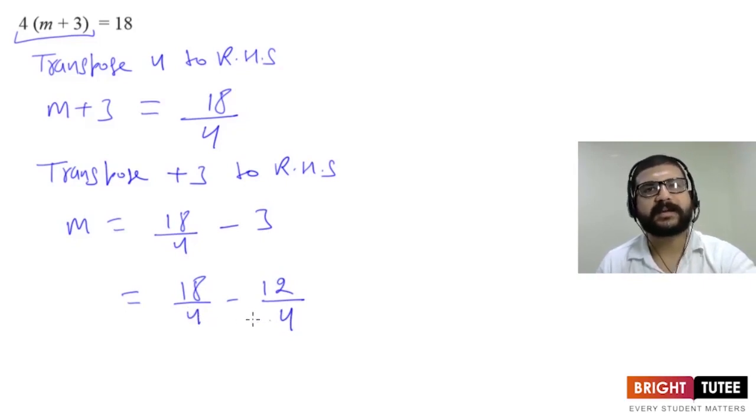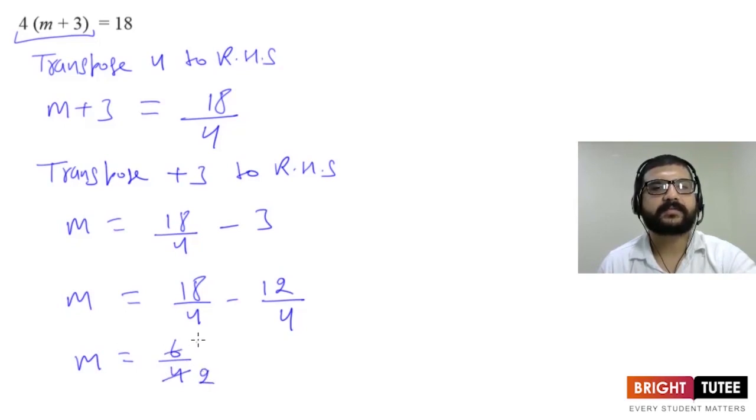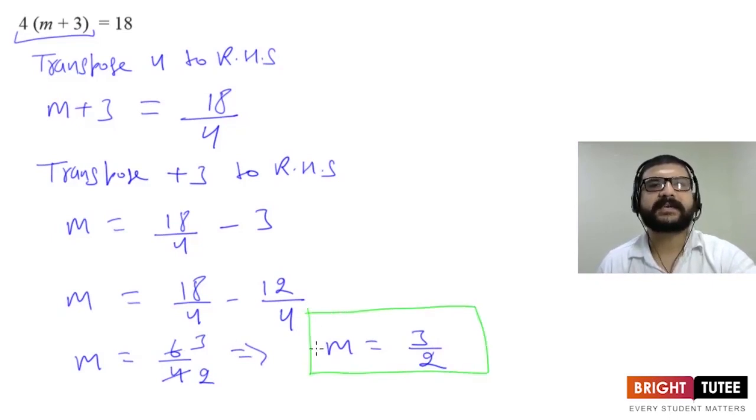Just to make the same denominator we did this. So now by simplifying we will get m is equal to 6 upon 4, and we can cancel this with 2. So we will get from here m is equal to 3 upon 2, as we got in the previous method. The answer will always be the same whichever method we use.